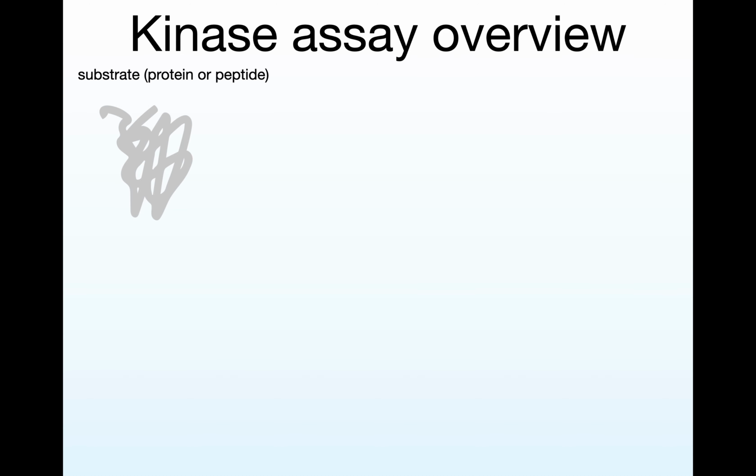The phosphorylation usually takes place in the context of a protein, where it happens naturally. But to make these experiments easier, we can also use just a peptide, just the piece of the protein that the kinase acts on.